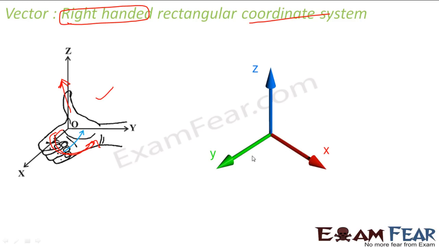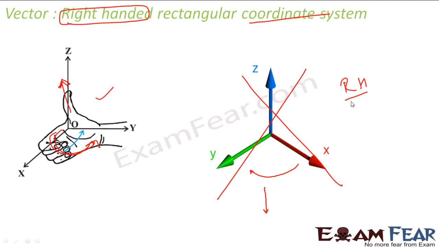In this case, if you try, you move from x to y, your thumb comes out in this direction, but your z is here. So this guy is not a right-hand coordinate system, but this guy is a right-hand coordinate system.